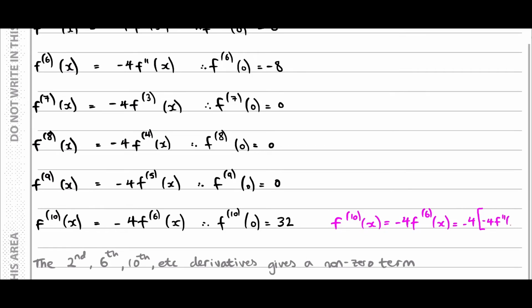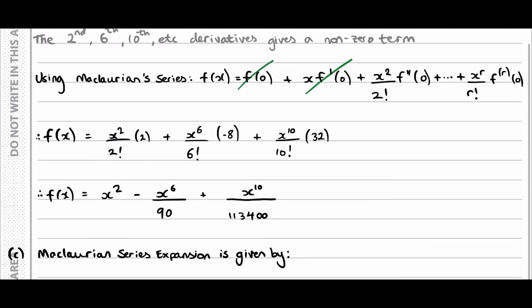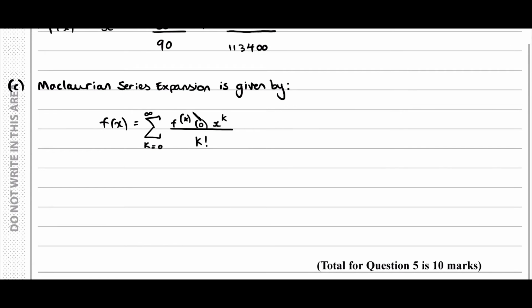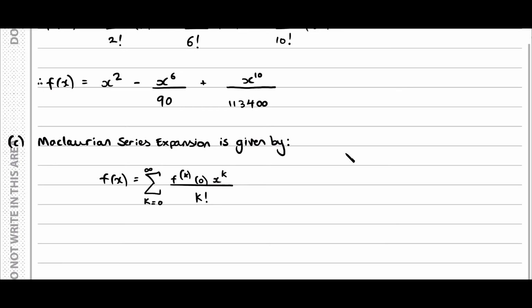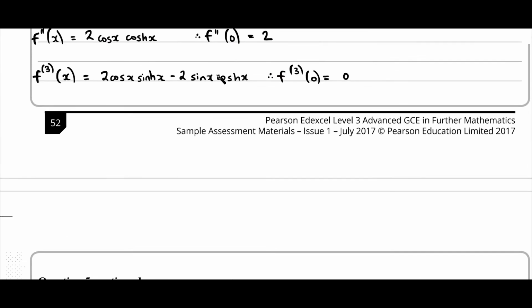Okay, so essentially you'll notice we're always multiplying by -4, and this forms some sort of a geometric sequence for this kth derivative at the point x equals 0. Most of these terms are 0, but on those terms of the second, the sixth, and the 10th derivatives, those form a geometric sequence. 2, -8, 32 forms a geometric sequence.